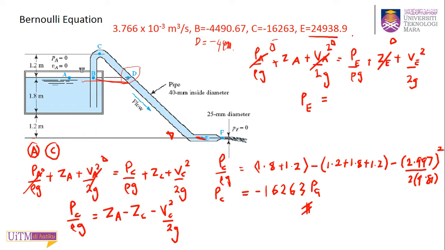So ZA will be 1.2 plus 1.8, and VE is 2.997 squared. You should get the answer.